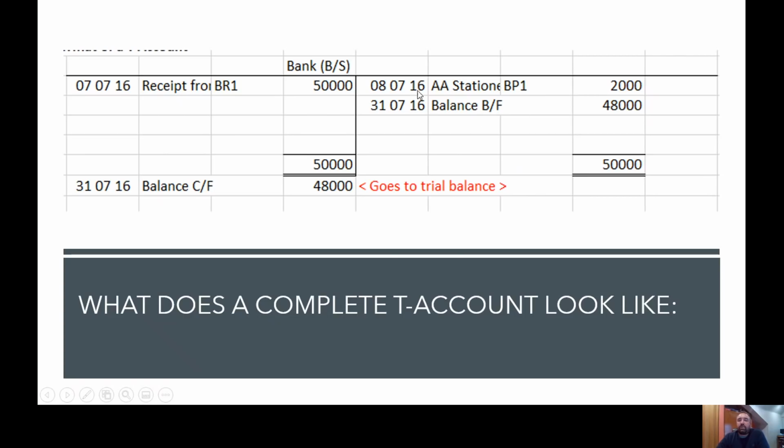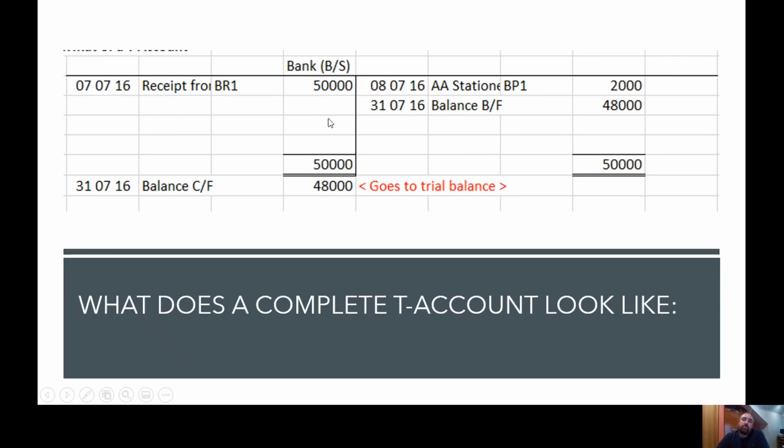That's actually the wrong way around. That should be balance carried forward of 48,000 Rand, and after the equal sign. So now if I enter that transaction in, my debits and my credits are the same. And now I'm carrying that balance forward into my following month. So that should actually be balance brought forward from the previous month.